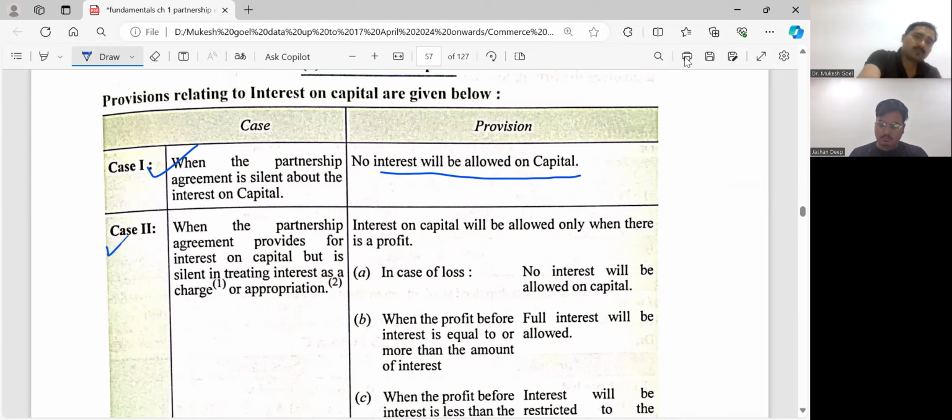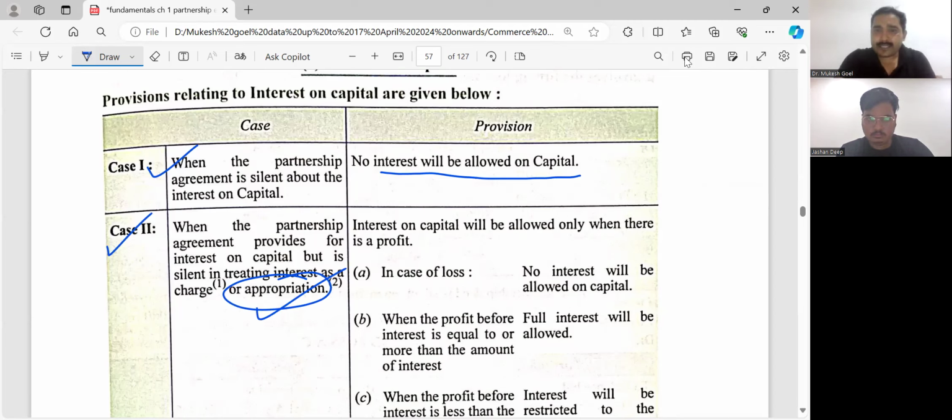Case number 2. When the partnership agreement provides for interest on capital, but it is silent on treating interest as a charge or as an appropriation, meaning it is not clear, then we will treat interest as an appropriation. Meaning to say, in case of loss, there will be no interest.